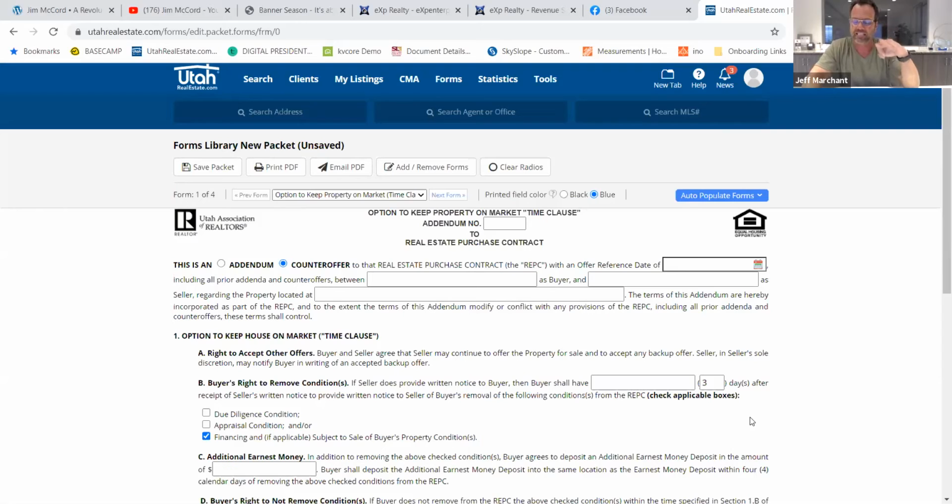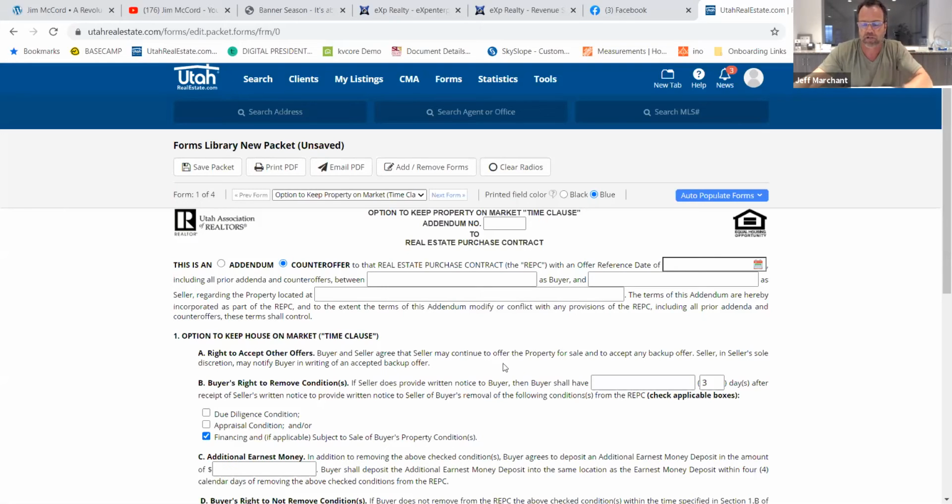But the thing that they did that made their offer stronger than some of the other ones is $10,000 of their earnest money was going to be non-refundable after the due diligence. That's prior to the financing condition, prior to the appraisal even being done. Once due diligence was done, they're releasing $10,000 to my client. That's a pretty good clause to put in there, and a risk on their part to make my client choose their offer over the other 8 that I got, right?